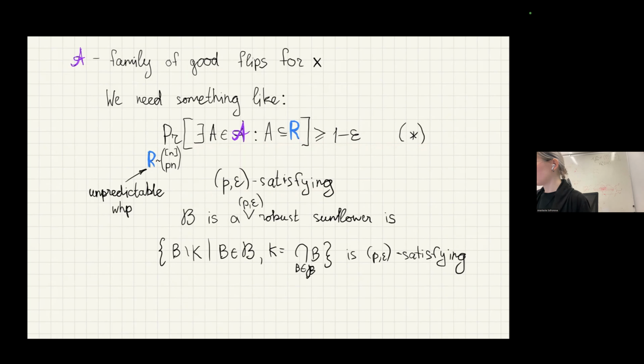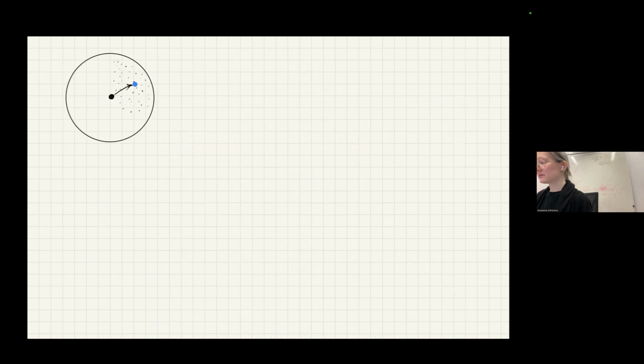So then it just turns out that, here's a lonely picture of what we can do, how to fix our failed attempt. We started our attempt by looking at the centers of dense spheres.